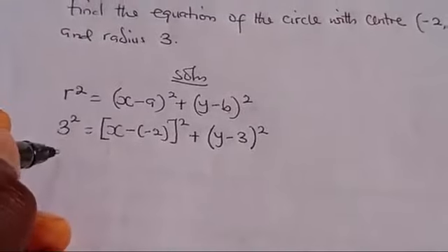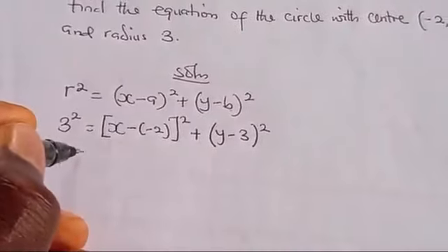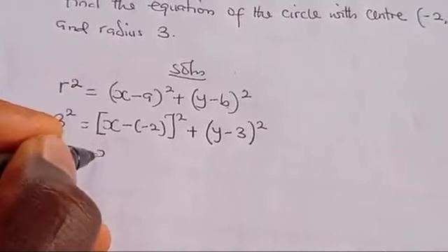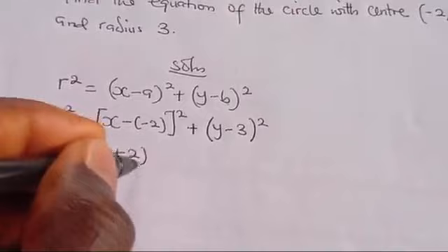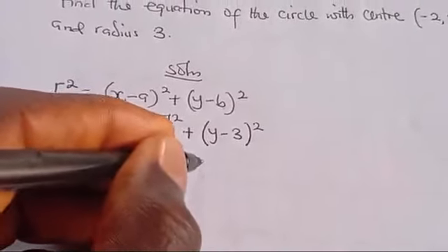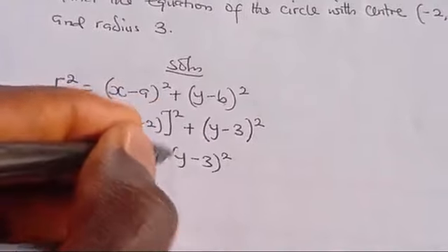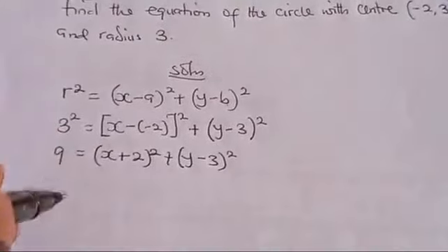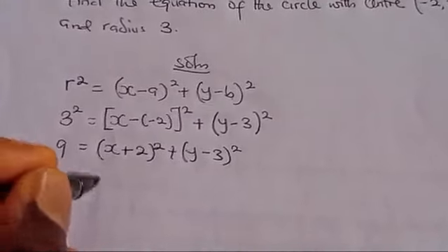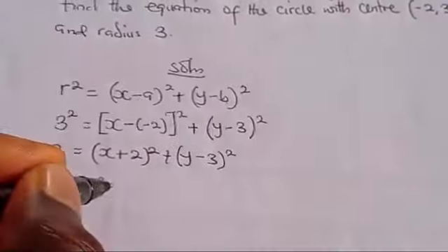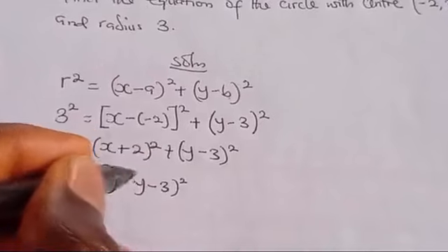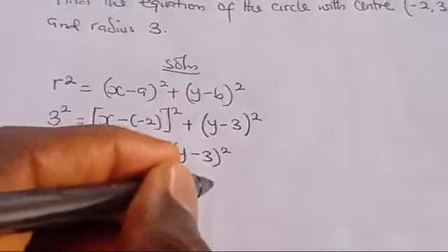Next, 3 squared we have 9. And that's equal to x minus minus 2, which is x plus 2, all squared, plus (y minus 3) squared. We can rearrange this to give us (x plus 2) squared plus (y minus 3) squared equal to 9.